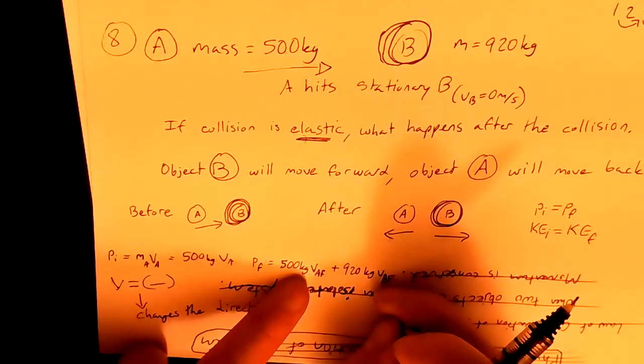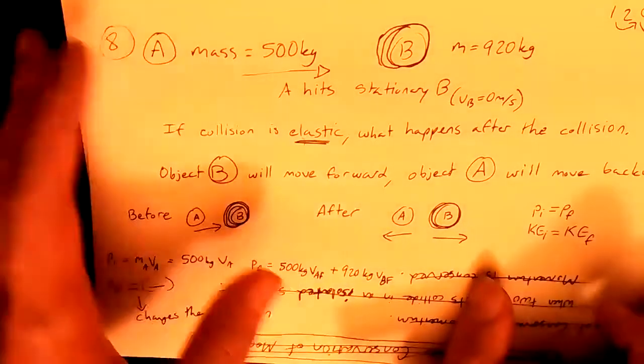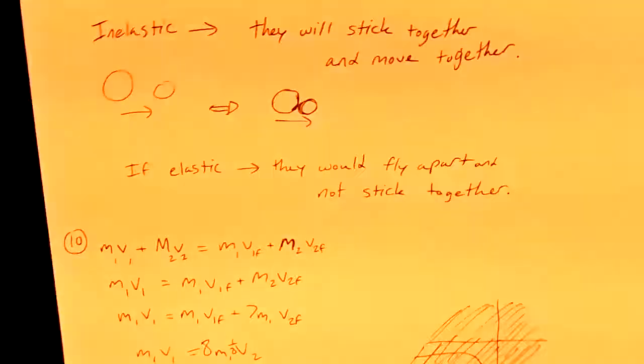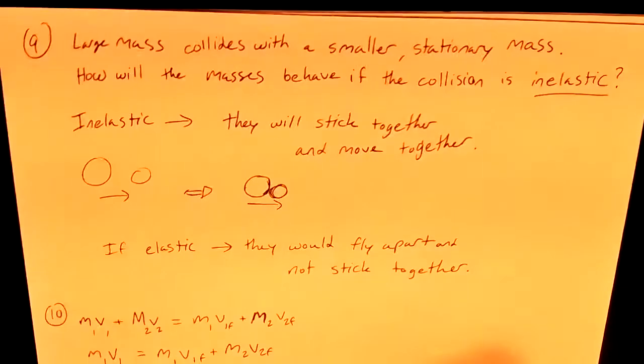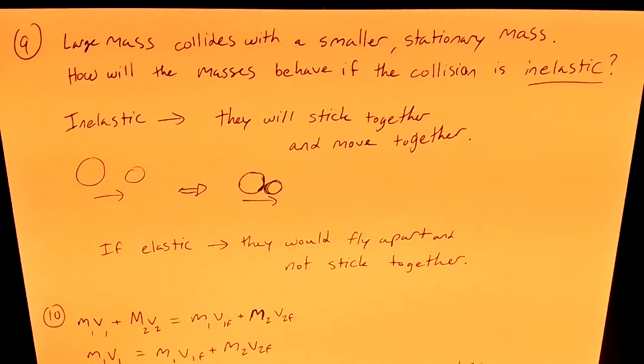And negative velocity for A means that it changes direction backwards. It's all about the conservation of momentum. And then we'll look at another example that will show you that in another way too.